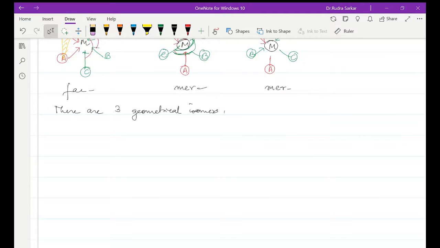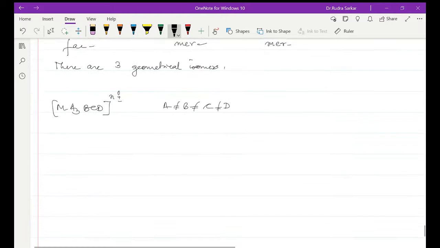Let's consider another one such as Ma3BCD, where A, B, C, D are all different donor atoms. So A is not equal to B, not equal to C, which is not equal to D. And M is the central metal ion. Again, since there is an A3 unit, there should be one facial isomer over here.